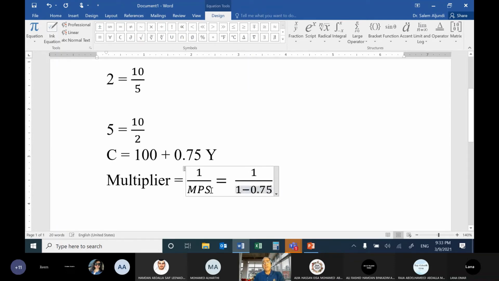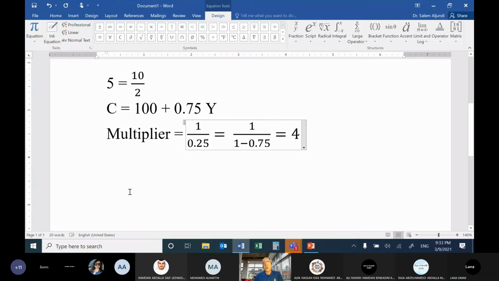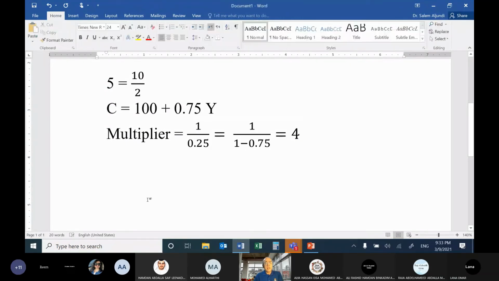So what is marginal propensity to save? It is 0.25. So use your calculator, whether you use 0.75 or 0.25. 1 divided by 0.25 equals 4.